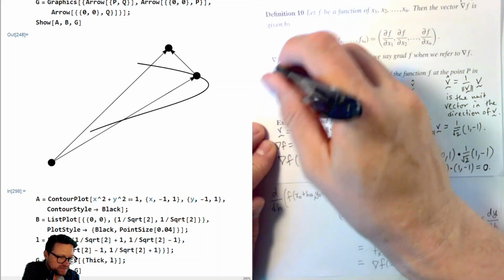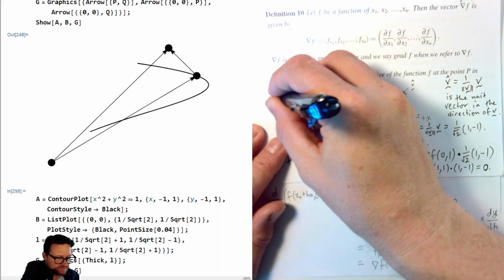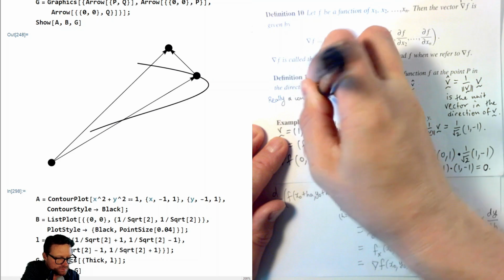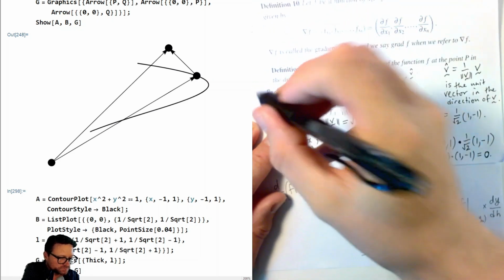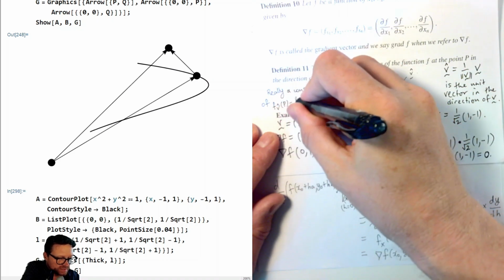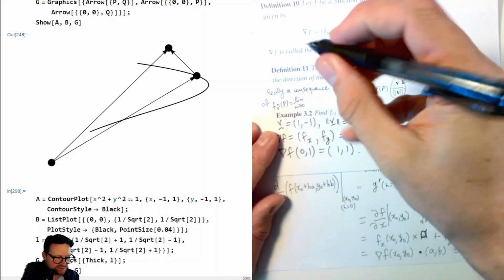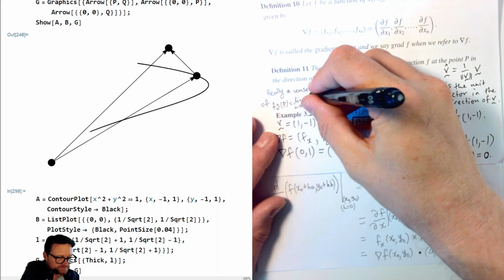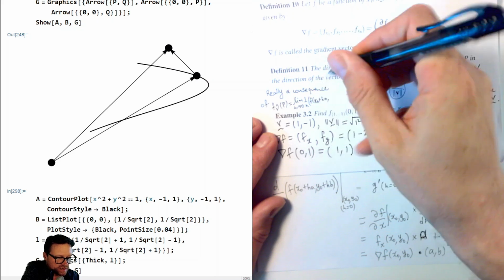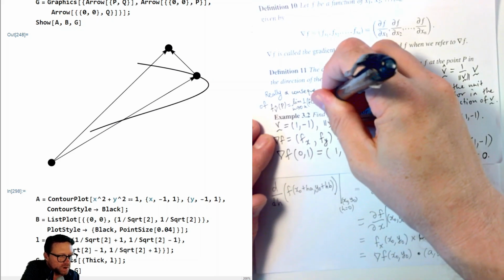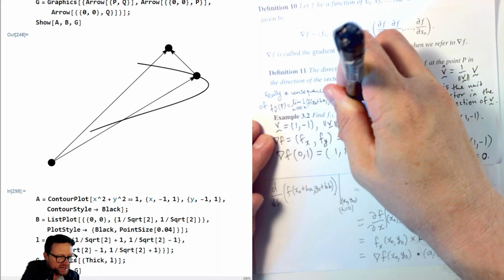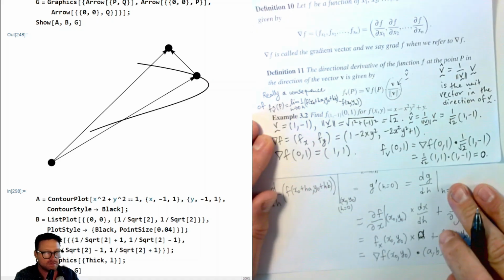So let's go and say that this is really a consequence of this being a limit: as h goes to 0, 1 on h, f of x0 plus h a, y0 plus h times b, subtract f of x0, y0.